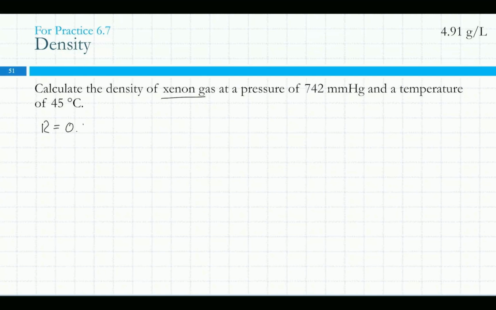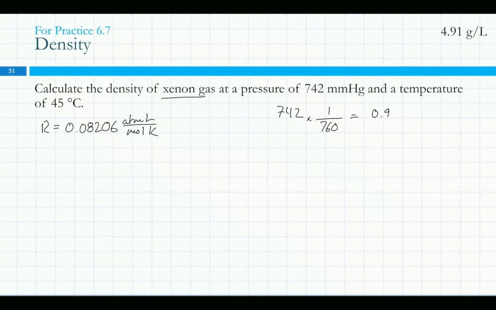So R is 0.08206 atmospheres liters per mole Kelvin. So we've got to convert millimeters of mercury by dividing by 760 to get atmospheres.